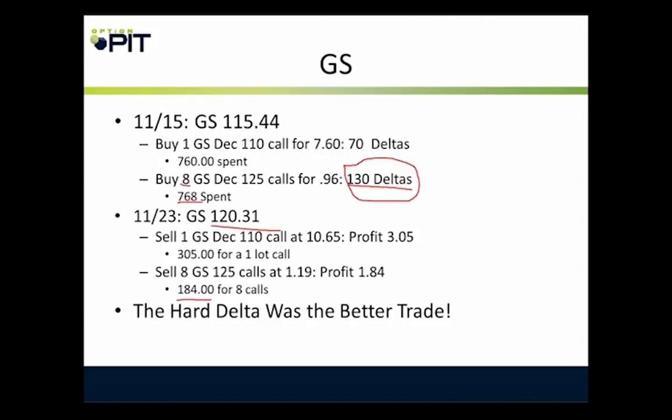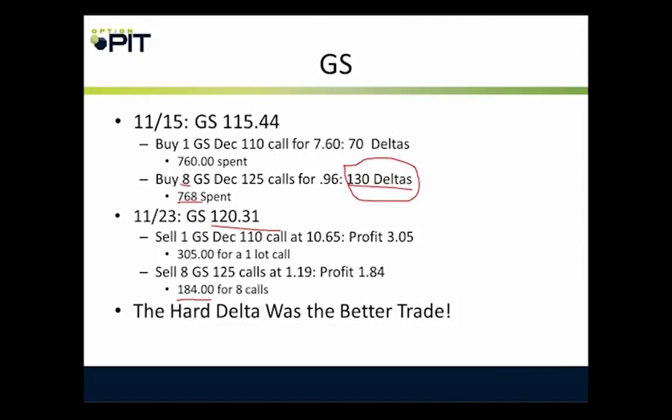So on the 23rd, 8 days later, the stock's up $5. My December 110 calls are now worth $10.65. I made a $3 profit. That's 305 bucks for a 1-lot call. Those 8 calls that I bought that had all that delta, I only made 184 bucks.